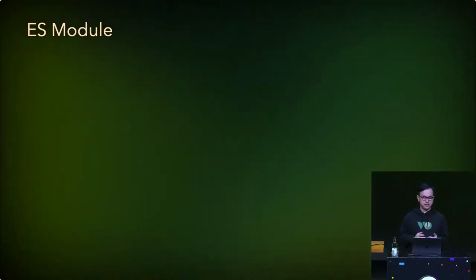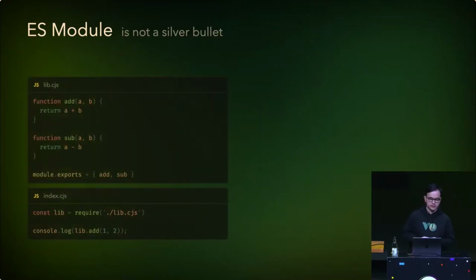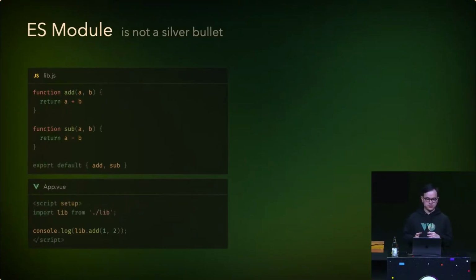If your project uses ES modules, bundlers usually get better static analysis for tree shaking. But it's not a silver bullet. If the code is structured poorly, unused code can still be bundled. Let's convert the previous CommonJS example into ESM and use it in a Vue component and bundle it again.